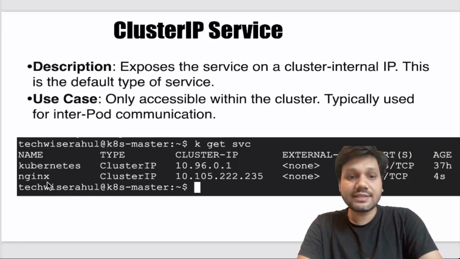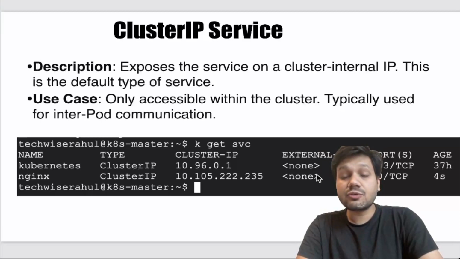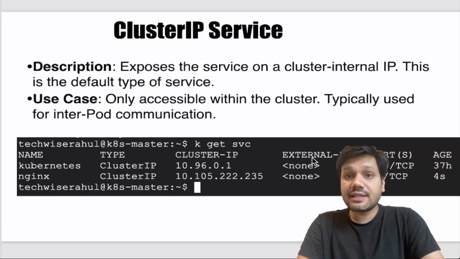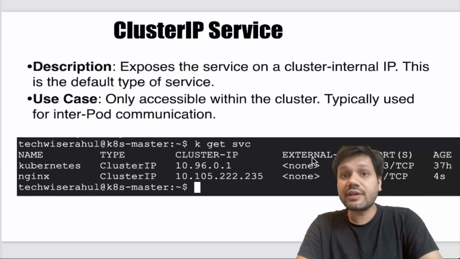The name is showing as nginx, the type is ClusterIP, and this is the IP associated with my Nginx ClusterIP service. External IP is showing as none because in ClusterIP as a service we are not exposing our application or pod outside of the cluster. And the port we are exposing is 80. And the age is 4 seconds, which means this particular service was created 4 seconds earlier.